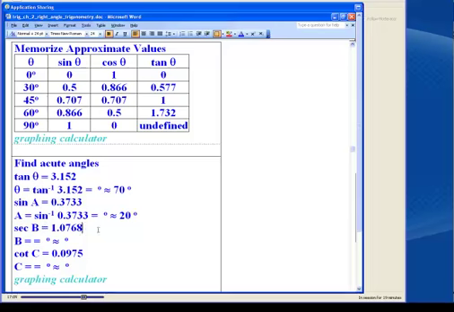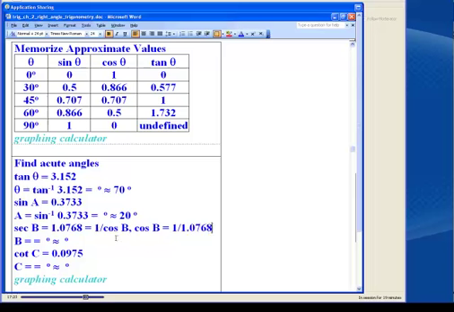Secant B equals 1.0768. Well, secant B is the same as 1 over cosine B. So that means that cosine B is the same as 1 over 1.0768.